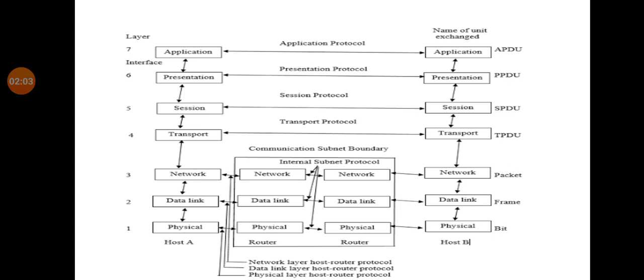While listening to this video, better you note down the functions of each layer. So the second function of the physical layer is that it is responsible for defining voltage and data rate. It means while transmitting the data, what voltage we have to maintain, and the data rate. Data rate means the number of bits transmitted per second.